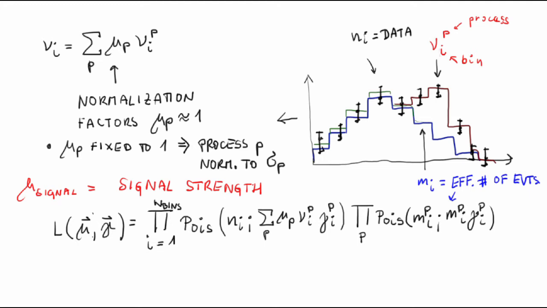In practice, people assume that the free normalization parameters μ_p are close to 1. Then it is possible to reduce the huge number of parameters γ_pi to 1 for each bin.